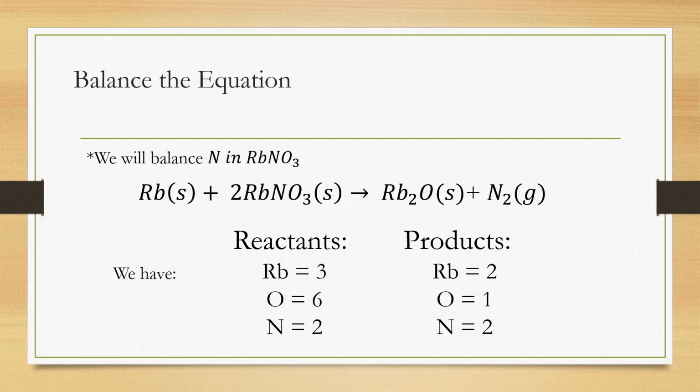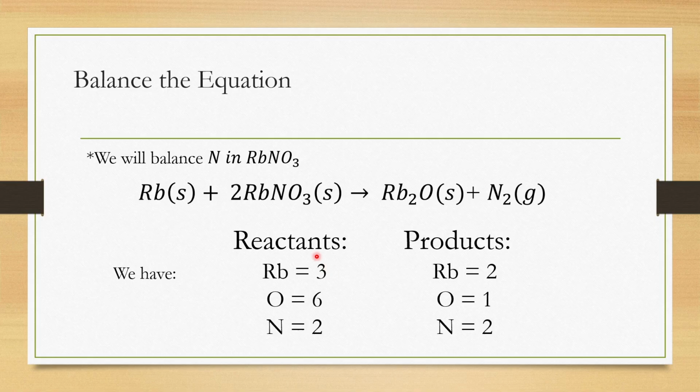First, we'll start off by balancing the most complex molecule in this equation, which is this rubidium nitrate here, and we'll start off by balancing the nitrogen part, since it looks the simplest. So first, if we put 2 as a coefficient here, we get the number of rubidium to be 3 because we're multiplying this by 2, and then we're adding 1 here, so that totals to 3.